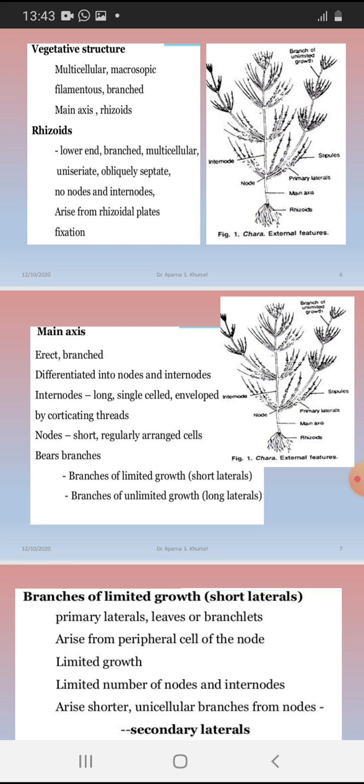Internodes normally are long, made up of a single cell and enveloped by corticating threads. Nodes are more in number, very small, short, and irregularly arranged.